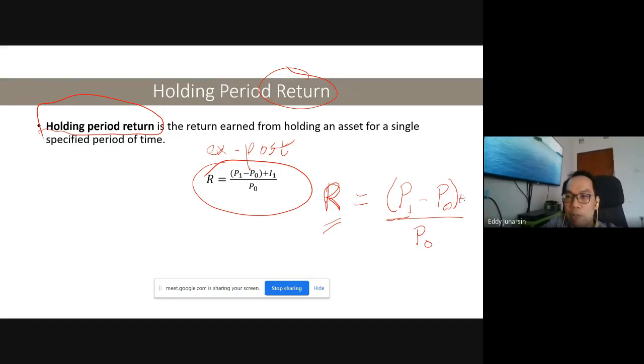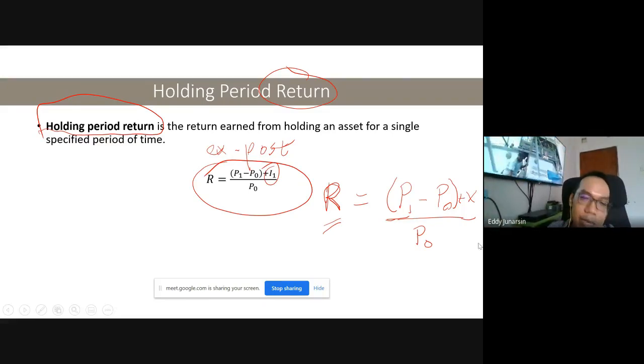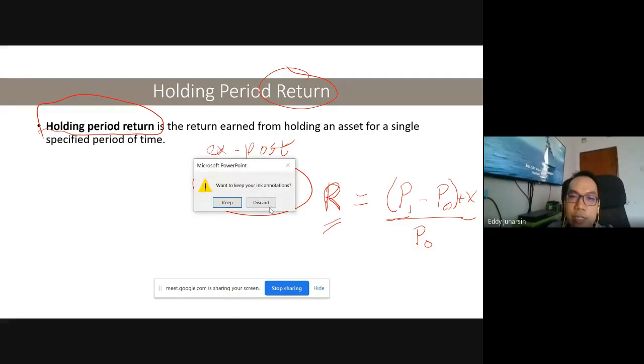You can call it whatever. The promise part. In this text, they call it I. Or you can call it anything, maybe A or X or anything. So maybe X. So you have the promise part, and you also have the potential capital gains, or an increase in the asset price.